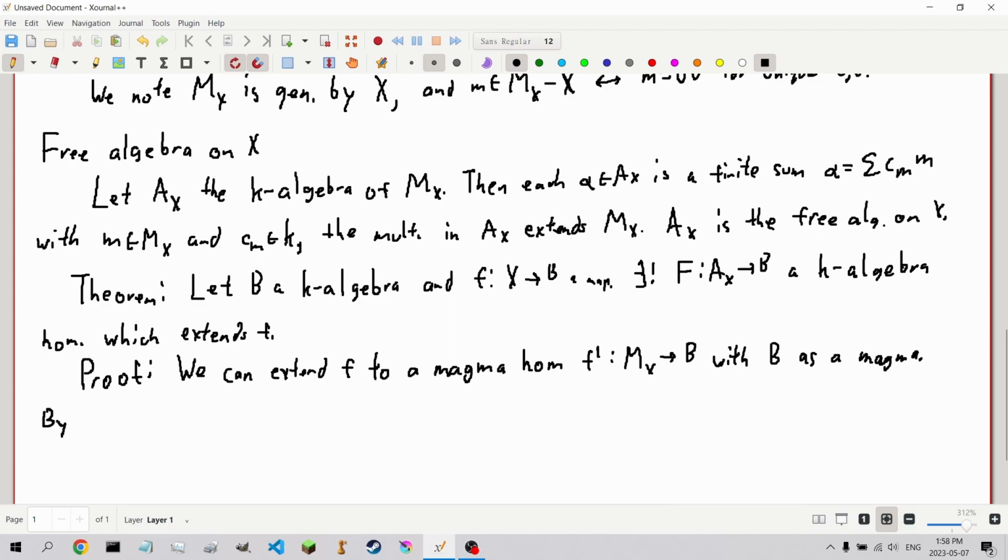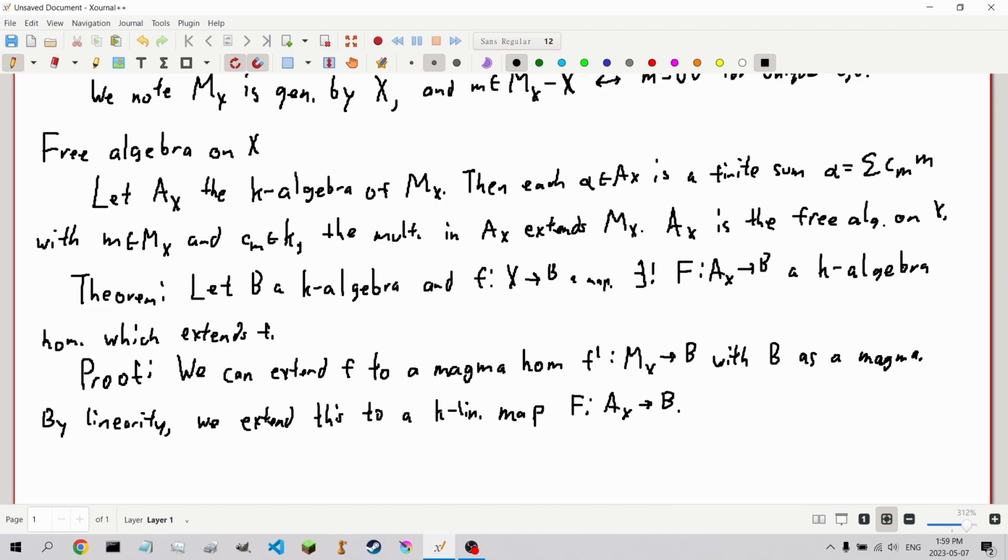By linearity, we extend this map to a K-linear map F from AX to B, and that's basically the idea.